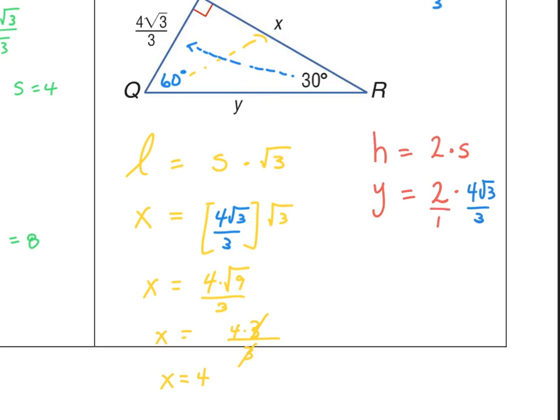Multiplying these, I have to multiply the numerator times the numerator, and then the denominator times the denominator. Because we're multiplying here, y will equal 2 times 4 is 8 times the square root of 3. I can only multiply the numbers outside of the radical, and then 1 times 3 is 3. So y is 8 square roots of 3 divided by 3.